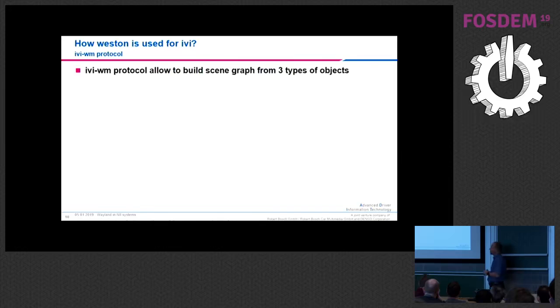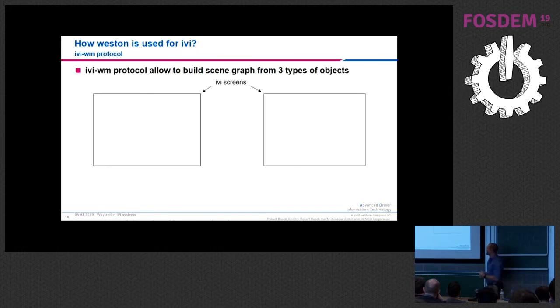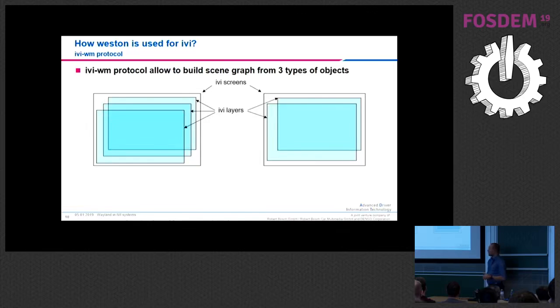So, what can we do with the IVI protocol? It's quite simple. We have three types of object. We have a screen. This screen is actually mapped to the output struct of Weston, which at the end represents a physical display most of the time. On the screen we can put some layers.